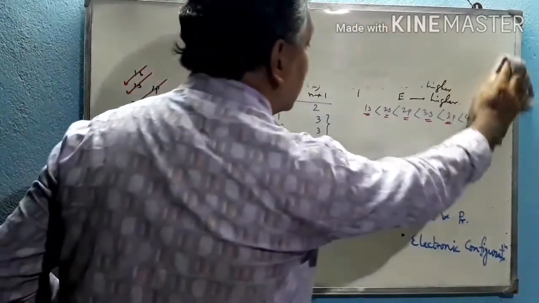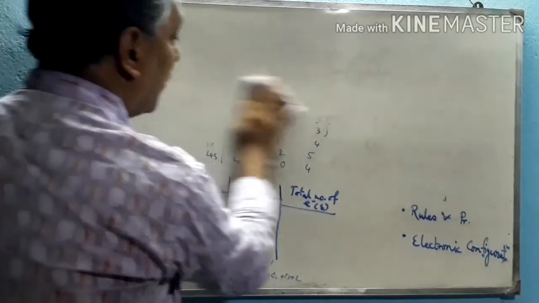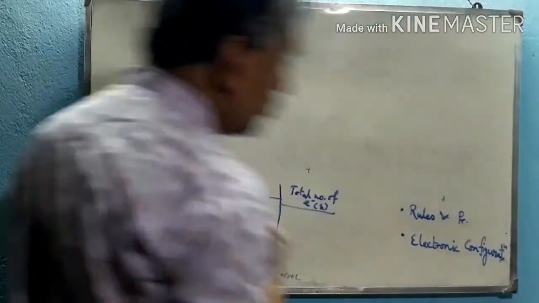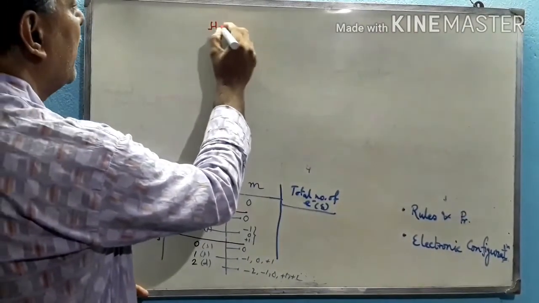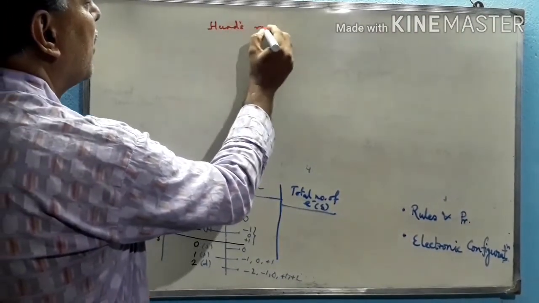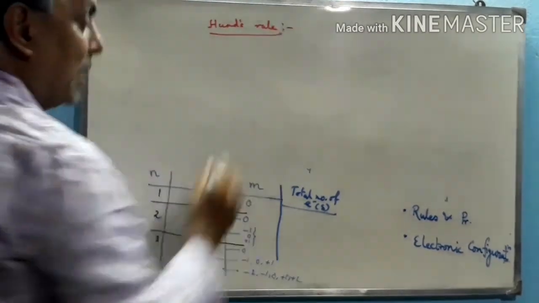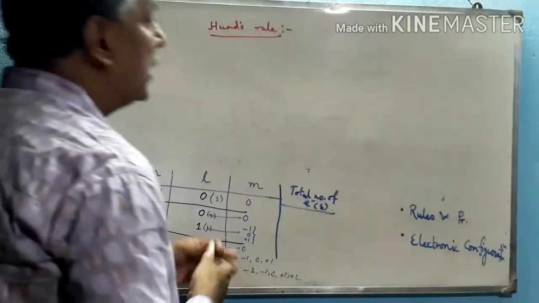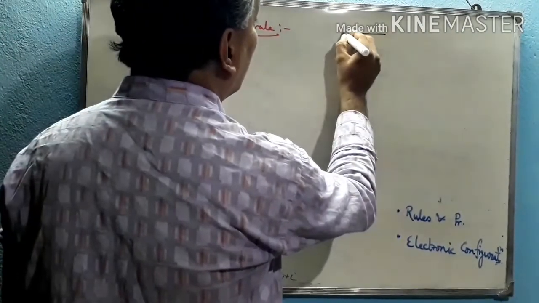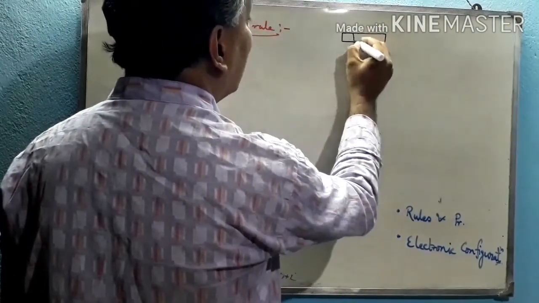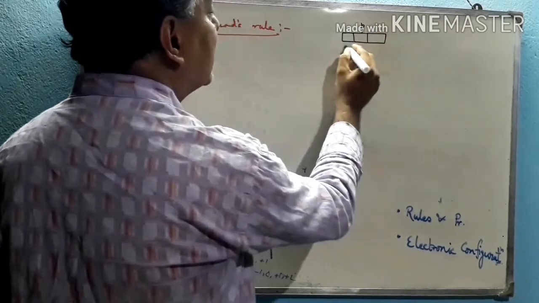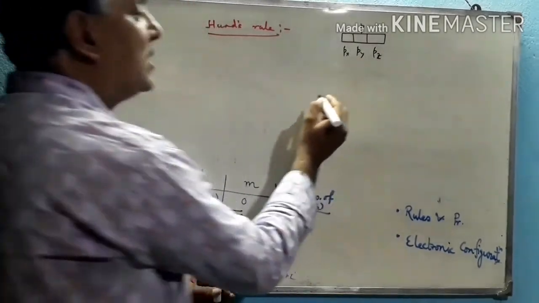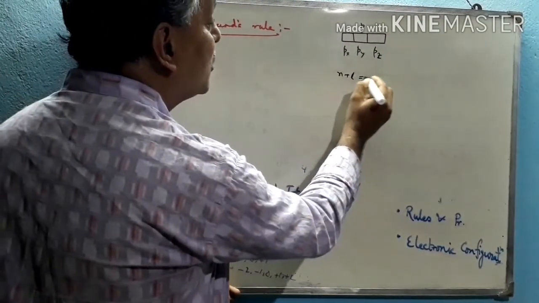The next point is Hund's rule. Hund's rule is nothing but the maximum spin multiplicity rule. Whenever electrons fill a set of degenerate orbitals, like the p subshell, which contains three different orbitals, px, py and pz, the n plus l values are equal.